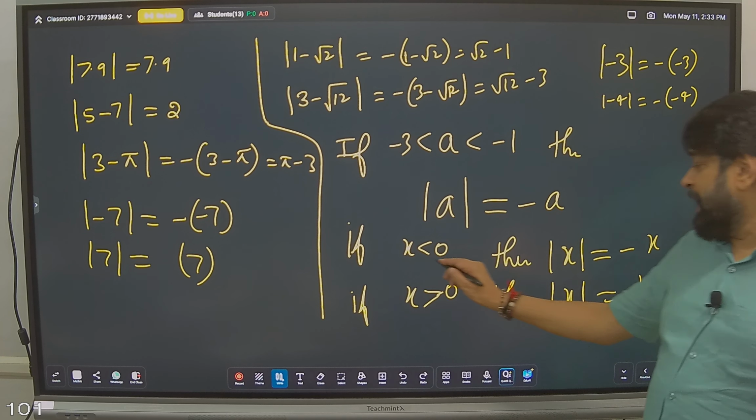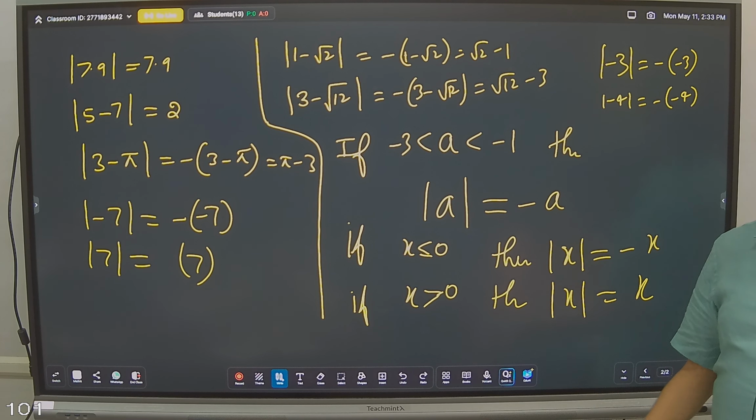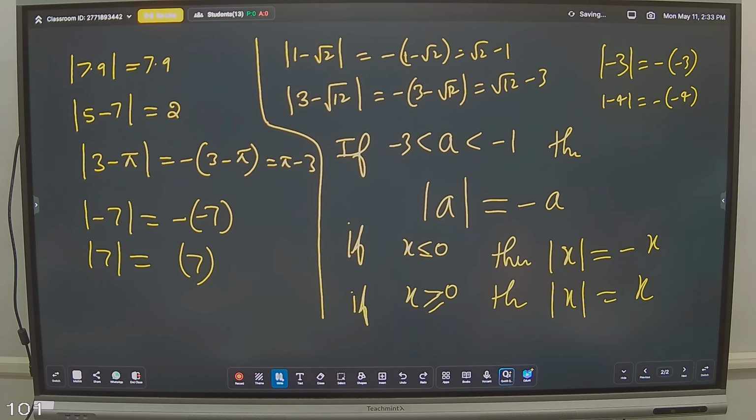Are you able to understand my point? Suppose x is less than or equal to 0, here same answer. Because if x is less than 0, this is correct. X equal to 0, then also correct, because 0 equals minus 0, no problem. Minus 0 is also 0. Is that clear? X greater than or equal to 0, then also mod x equals x. Everybody understood my point?